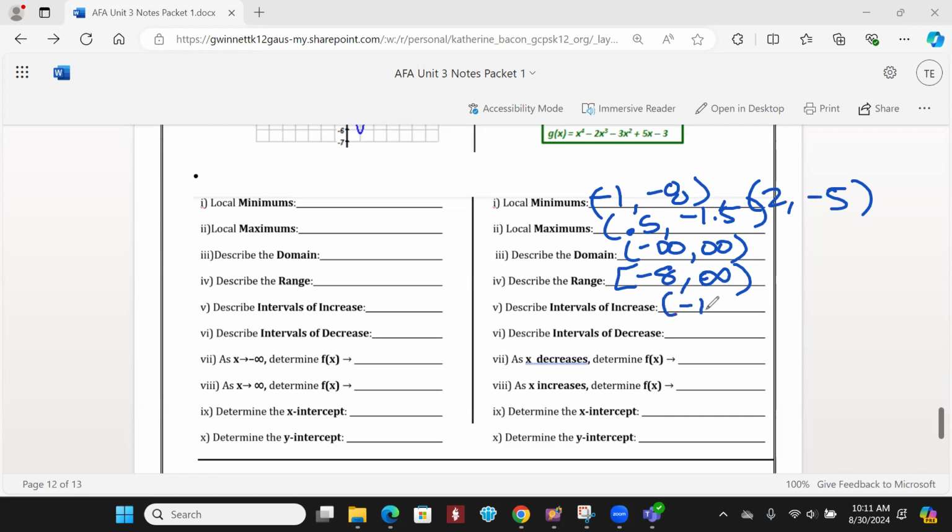That's going to be -1 to 0.5, and then from 2 to positive infinity. Decrease is going to be from negative infinity to -1, and then from 0.5 to 2.